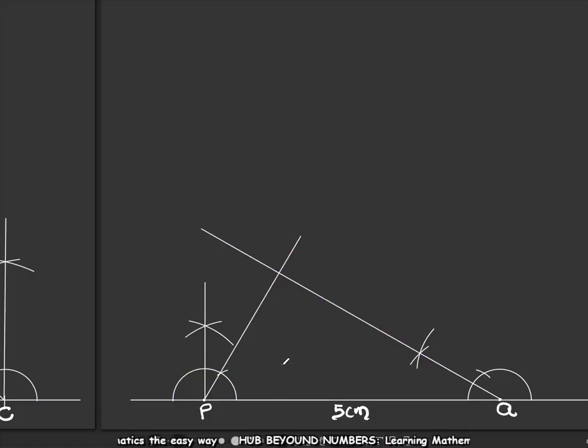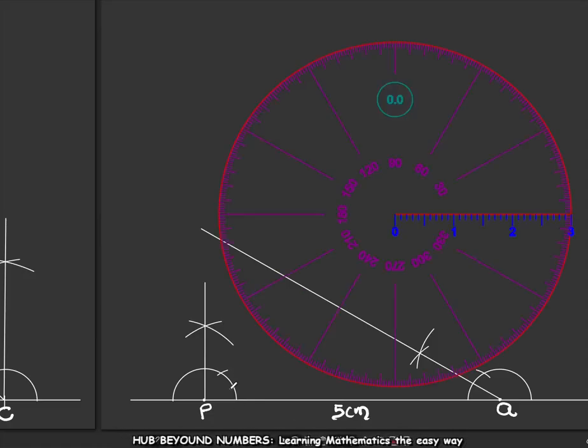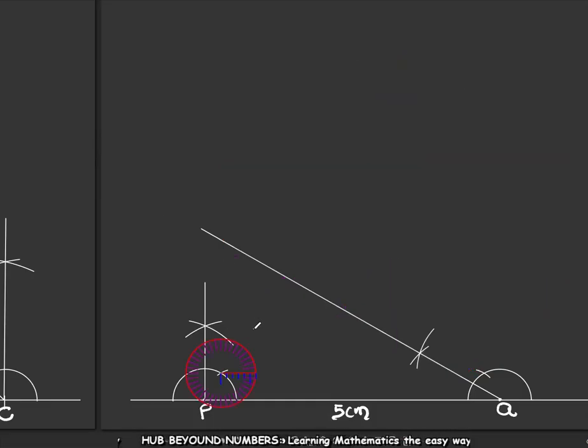So in our bisection now, we stand at this point, draw an arc. We stand at this point and draw an arc. Then we draw a line through it. So at this point, you can pause the video and do it yourself and see. So if you paused and you were able to do it, that's fine. Now, this is my arc over here. Standing at this point, this is going to be my arc over here. You see?